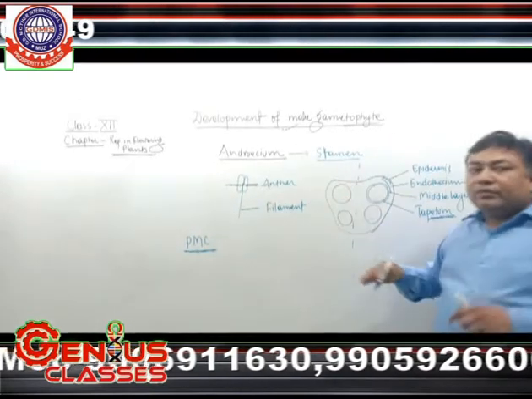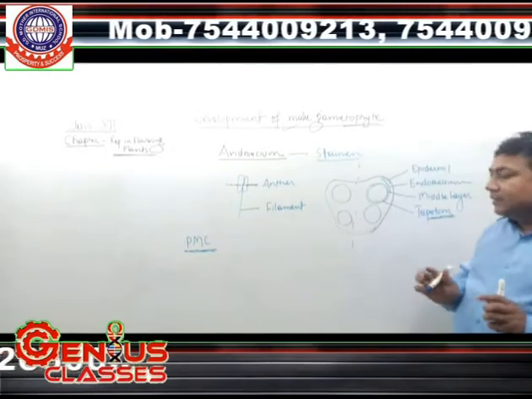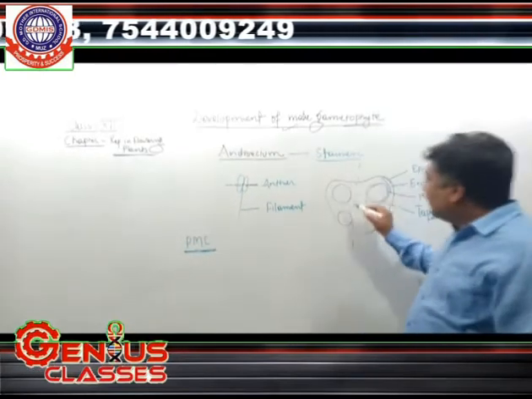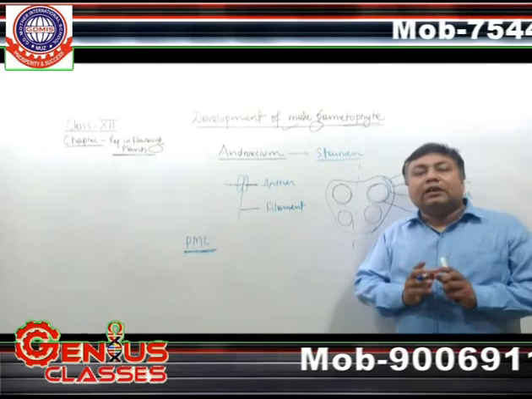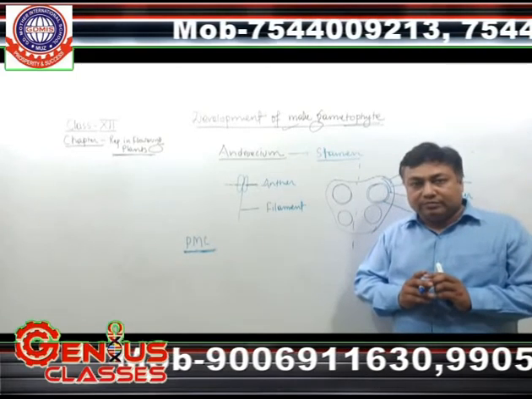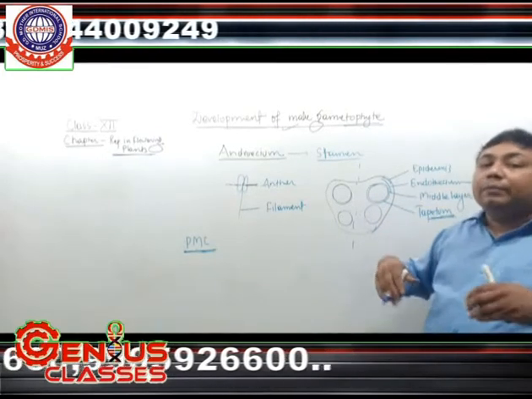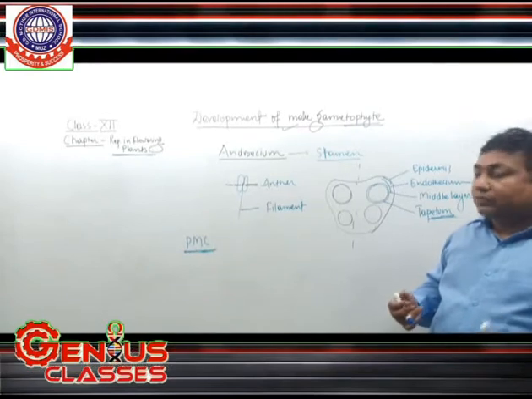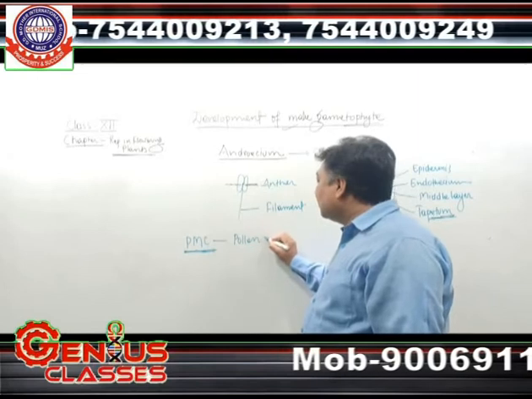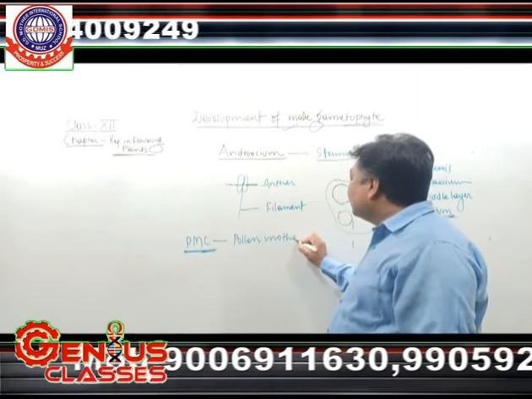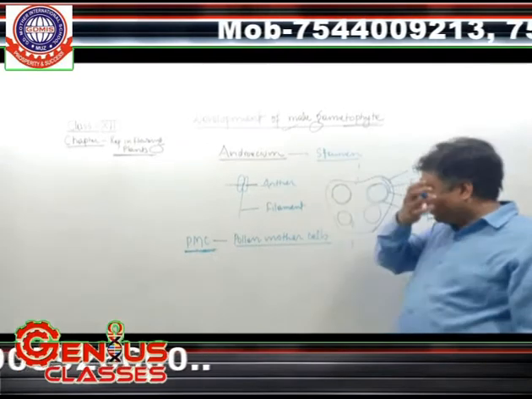They get separated from the tissues around them by some kind of secretions, and they become separated from the mother tissue in this lobe, and this lobe is known as microsporangium, as it will hold or prepare microspores. PMC stands for pollen mother cells.